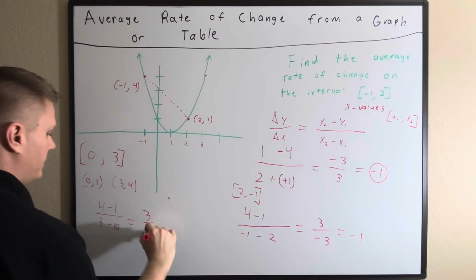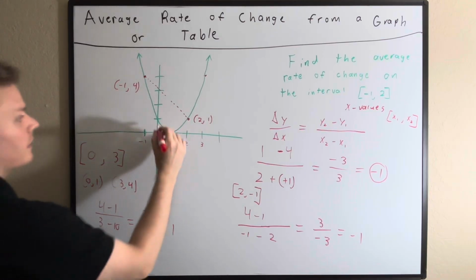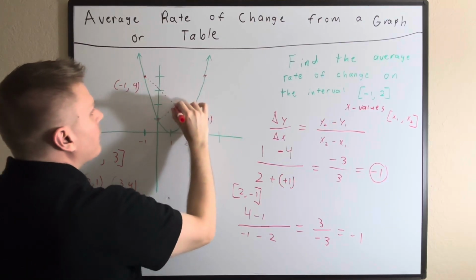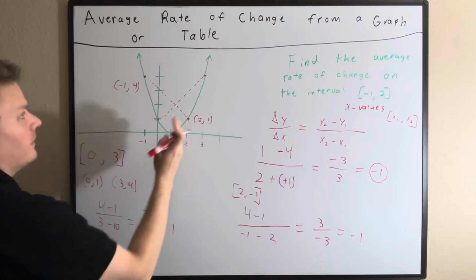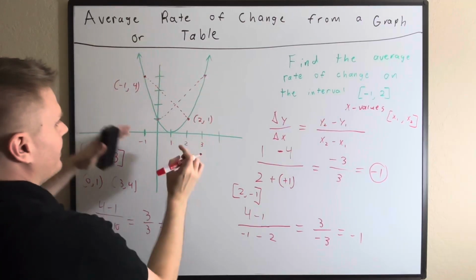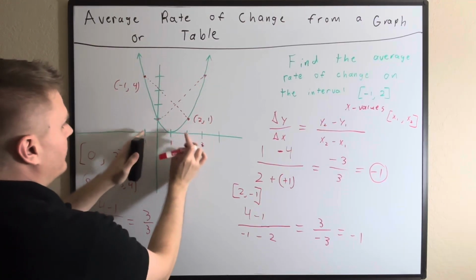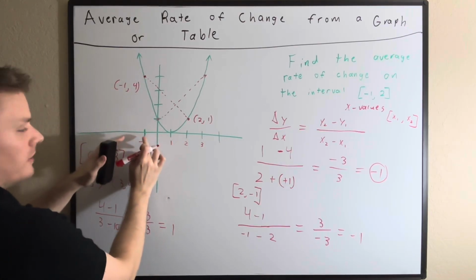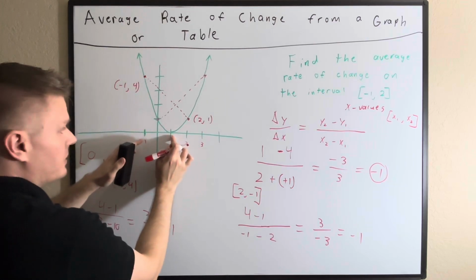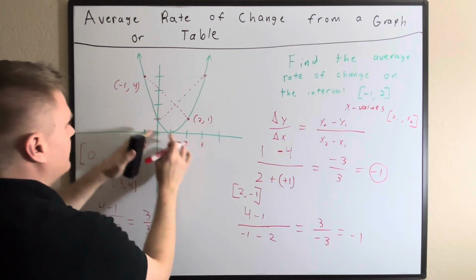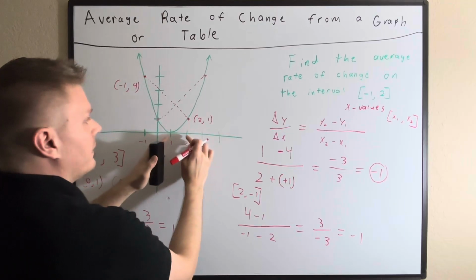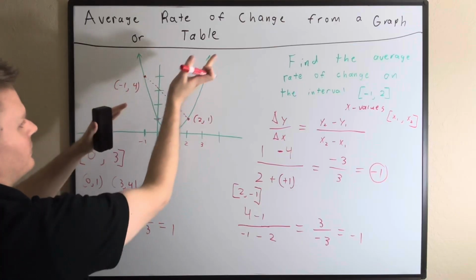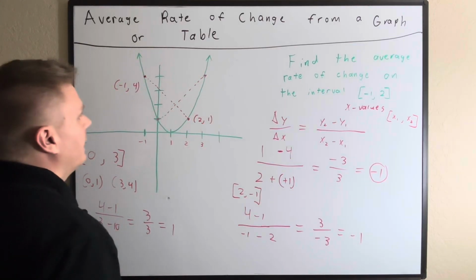Equals 3 over 3. Just positive 1. You know why? Because it makes a perfect x. We just went from 2 units over from the origin point on that side to 1, and from 1 unit over on this side to 2. So we kind of just found the slope of that line there.